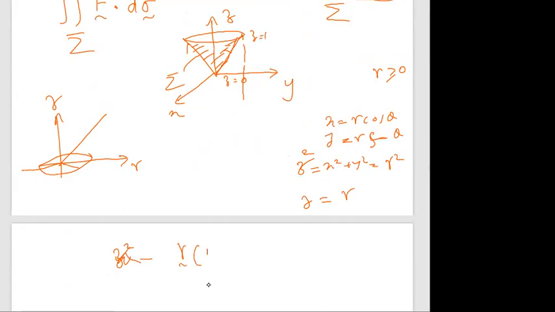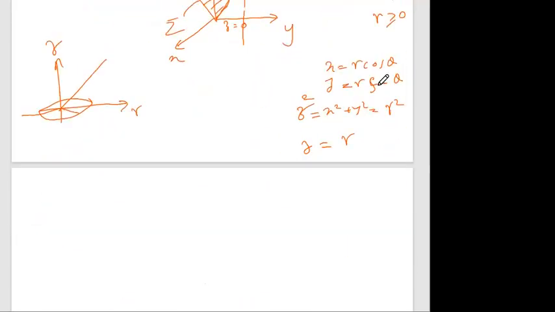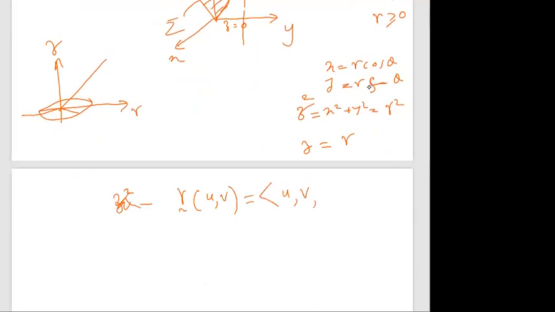Otherwise, I can use x and y very easily. So x is equal to u, y is equal to v, and my z coordinate would be the square root of u squared plus v squared.